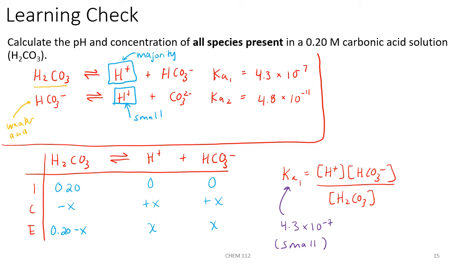So since it's small, again, we get to make that simplifying assumption where we ignore any x's that are added or subtracted, never multiplied or divided. So the only x that we have that's subtracted is 0.20 minus x. So we're going to ignore that minus x there to simplify our math.